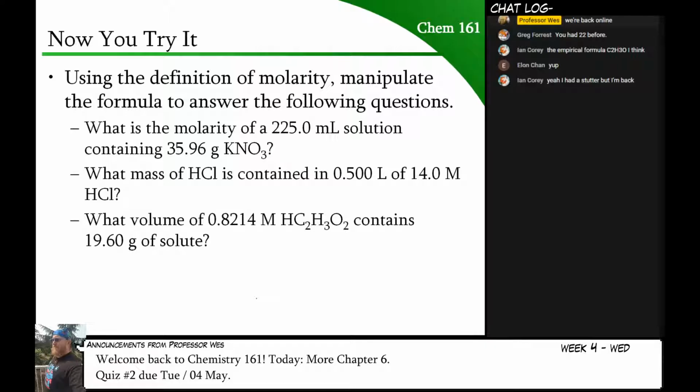Here's its volume, and then here's how much potassium nitrate it has. Question number 2, how much HCl is contained in half a liter of 14 molar concentrated HCl? And then finally, what volume of vinegar contains this many grams of solute? That one you're going to have to solve for volume instead. So manipulate the molarity formula around and see if you can get that. We'll go over the answers together in just a little bit.